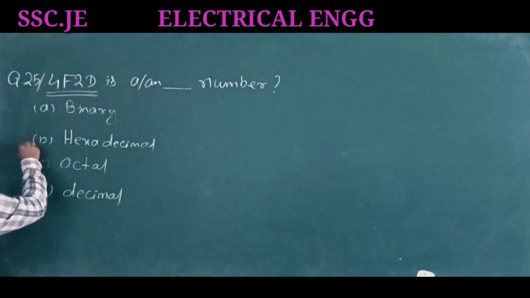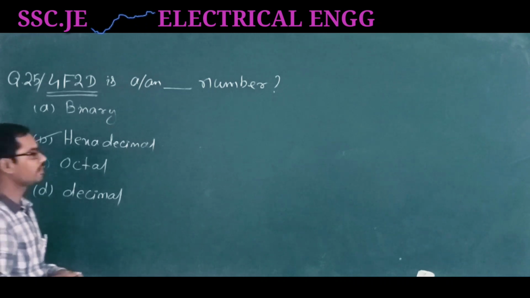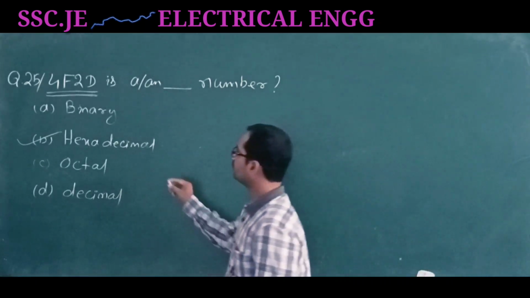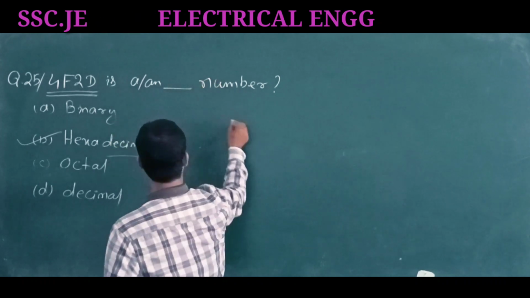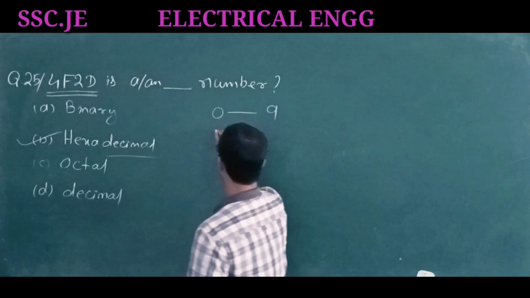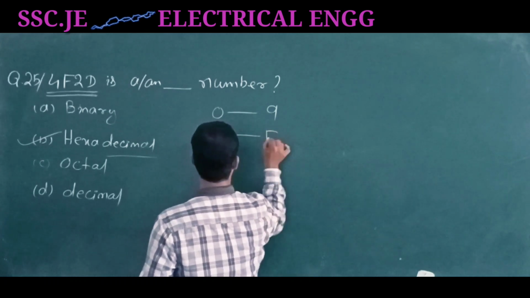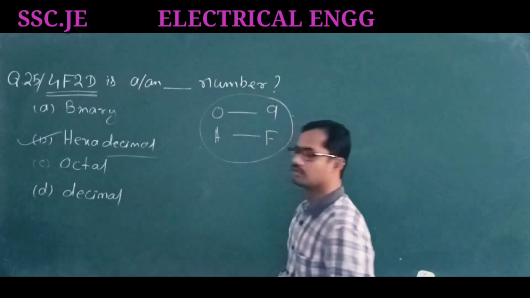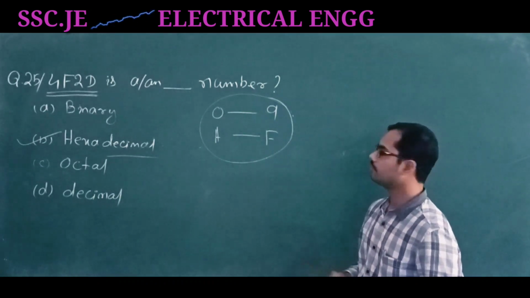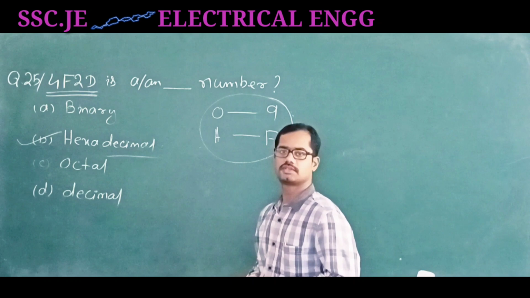This is basically the hexadecimal number system. How to know? In the hexadecimal number system, the digits are from 0 to 9 and from A to F. All these values are present in this question, so this will be the hexadecimal number system.